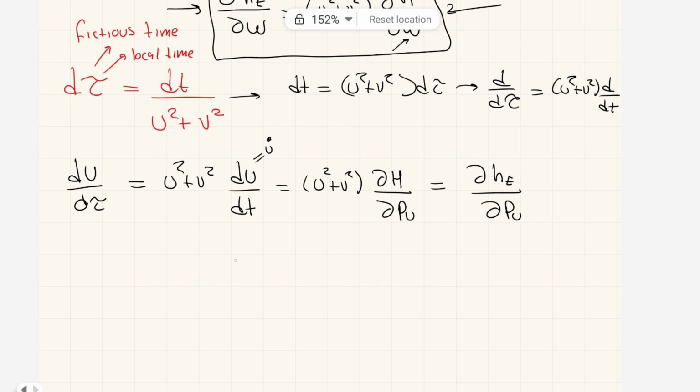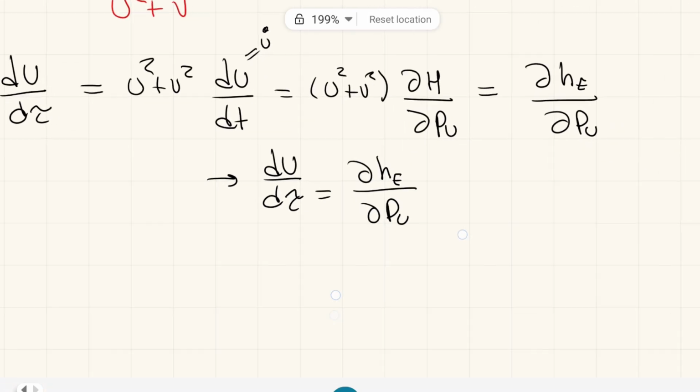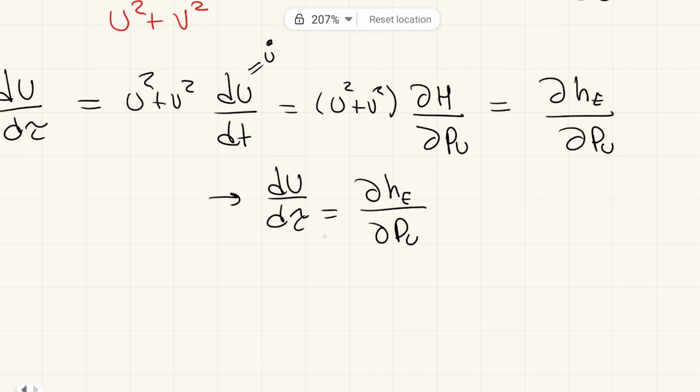This leads us to the derivative of u with respect to tau equals the partial of he with respect to pu. You can see this is analogous to the Hamilton equations: u dot equals the partial of h with respect to pu, but now with the new Hamiltonian and with the new variable tau.